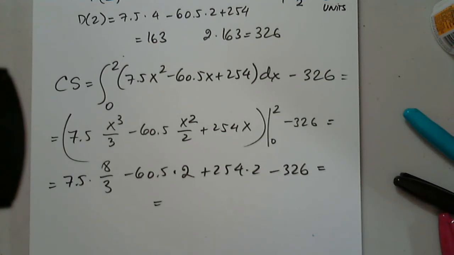Of course, you make sure that it's x, dx, right? And now the function, remember, you are not entering the antiderivative. You are entering what you see in your integral. So 7.5 times x squared minus 60.5 times x plus 254. And you can even go outside and already subtract your 326.